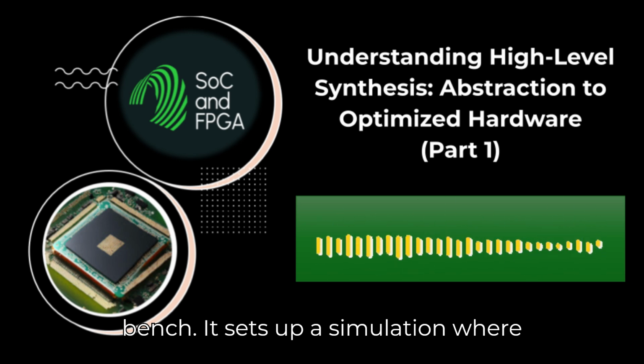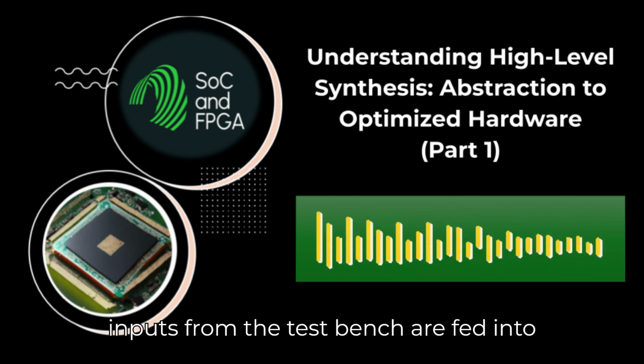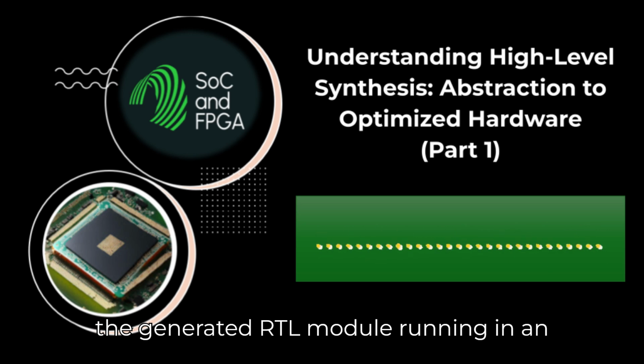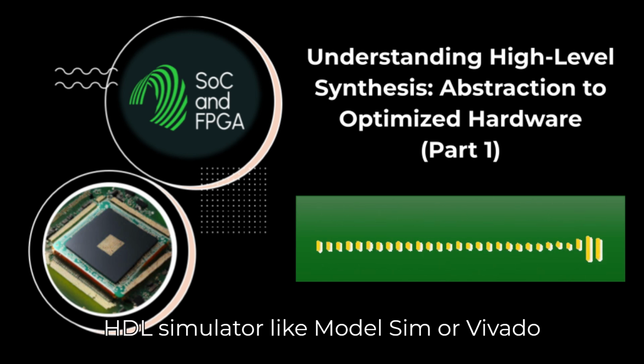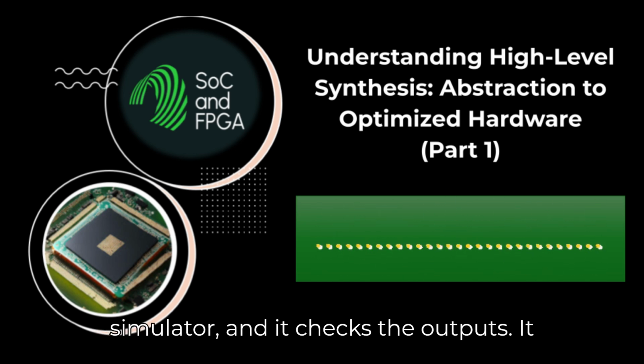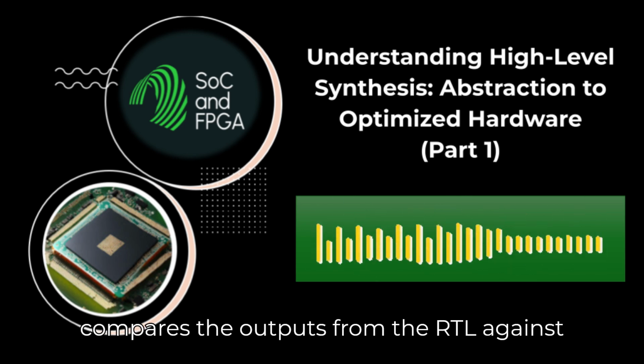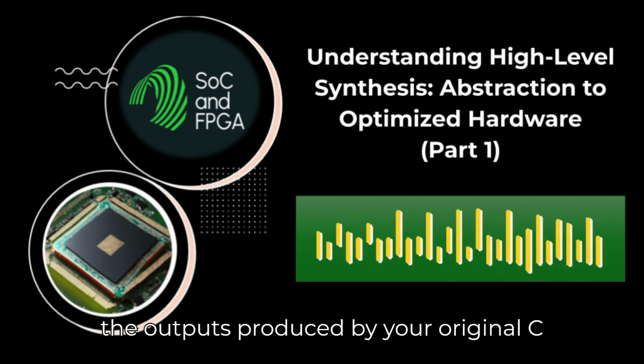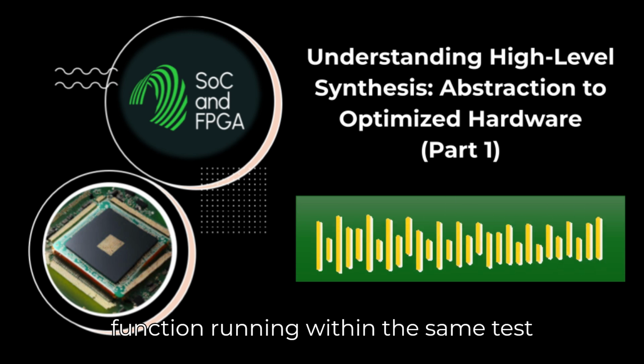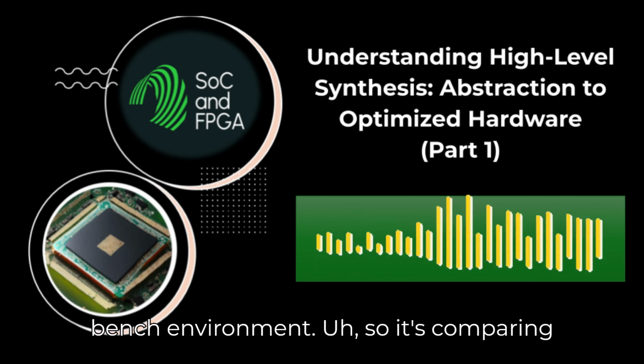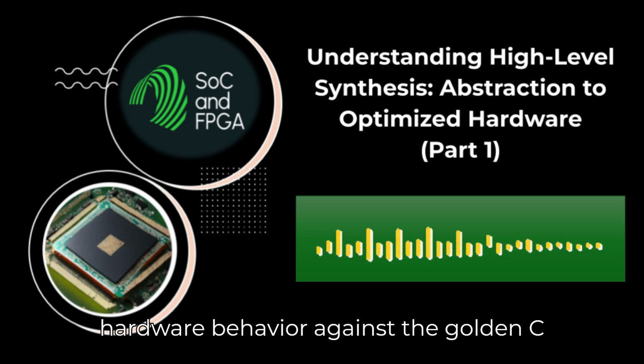It sets up a simulation where inputs from the test bench are fed into the generated RTL module, running in an HDL simulator like ModelSim or Vivado simulator. And it checks the outputs. It compares the outputs from the RTL against the outputs produced by your original C++ function running within the same test bench environment. So it's comparing hardware behavior against the golden C++ model.